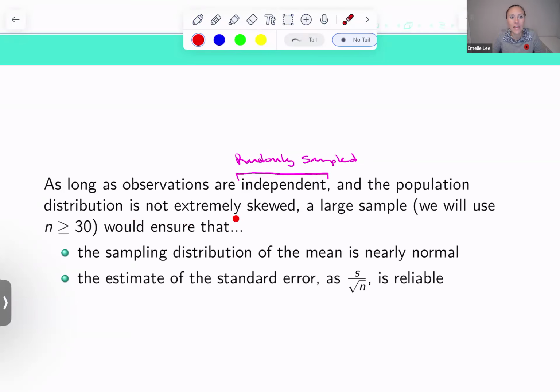Then a large sample. Depending on what field you're in, what counts as a large sample kind of depends.